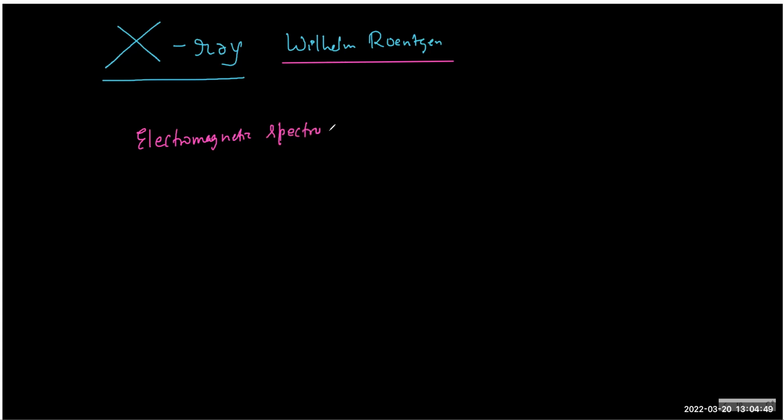As per our convenience and for historical reasons, different ranges of energy have been given different names. In the energy values, if we go from the lowest energy to the highest energy, what are the lowest energy rays called?